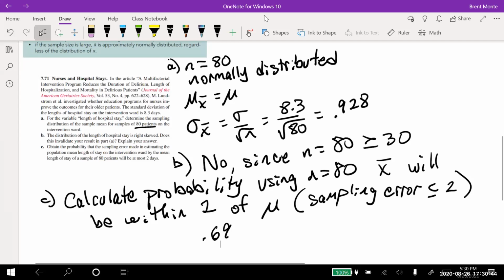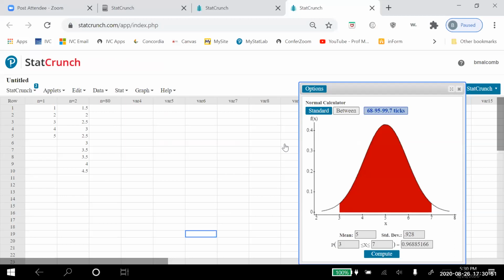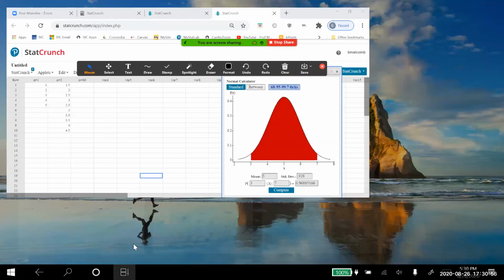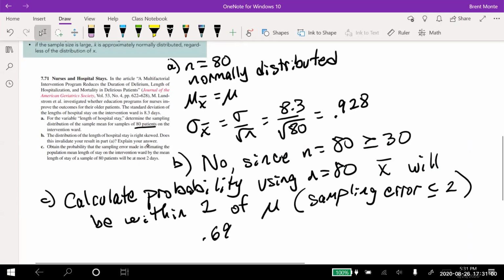Was it 969 or 6? Oh boy. That's what happens when you lose your mind. What do we have? And I just erased it. 969. All right. So I'll say, see, I was writing that correctly the whole time. 0.969. There's my probability. But we find that using StatCrunch, just using our probability of a normally distributed population.